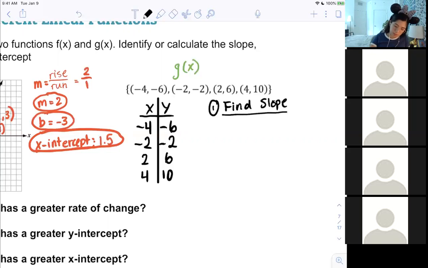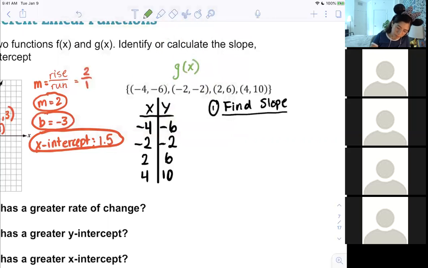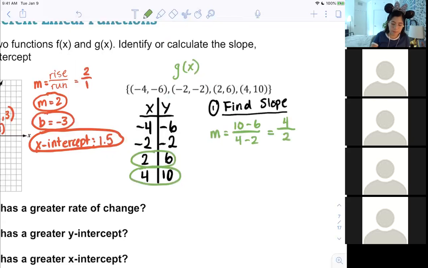My 2 points I'm going to choose are the easy ones. I don't want to use negative numbers. And here I would have 10 minus 6 over 4 minus 2. 10 minus 6 is 4. 4 minus 2 is 2. And 4 divided by 2 is 2. So m equals 2.